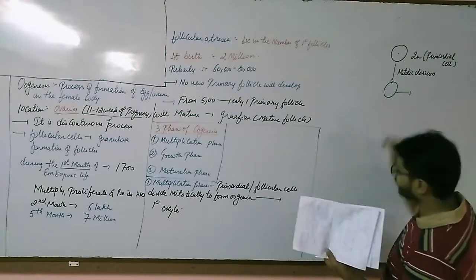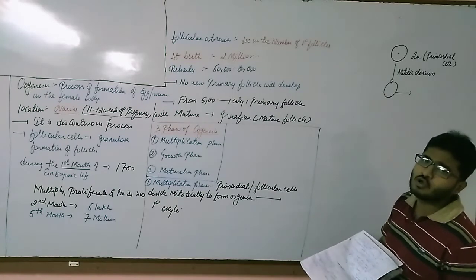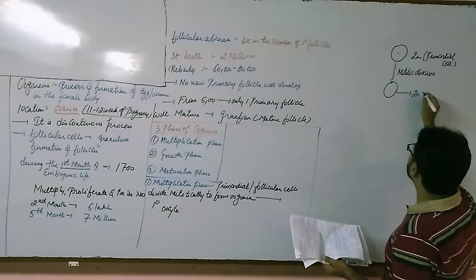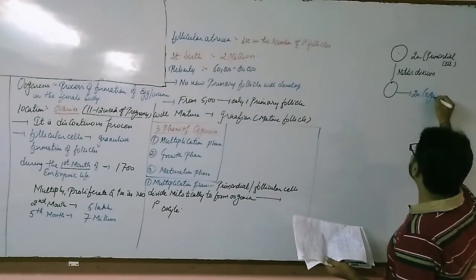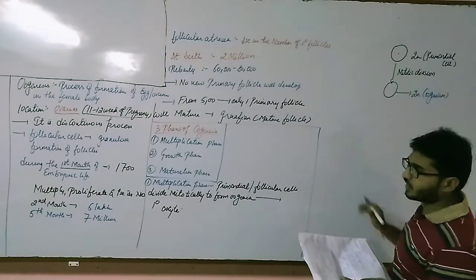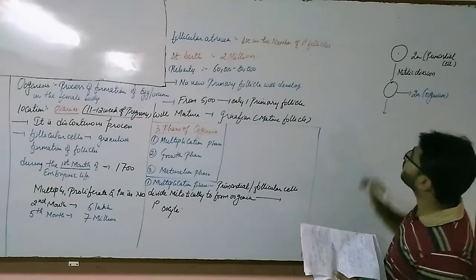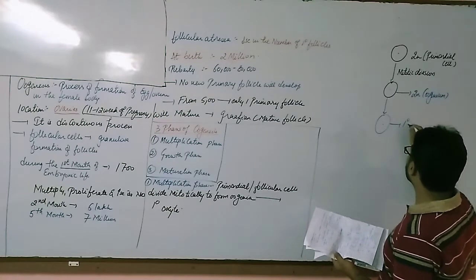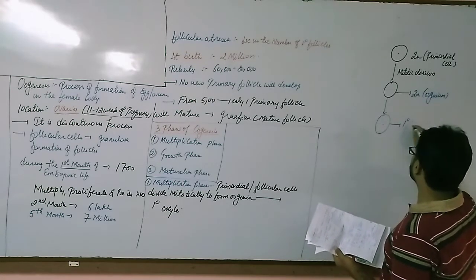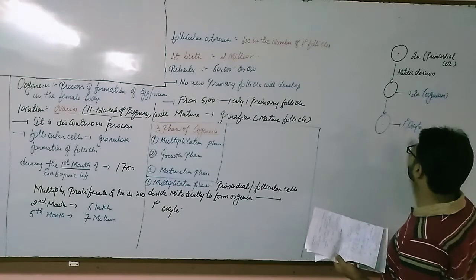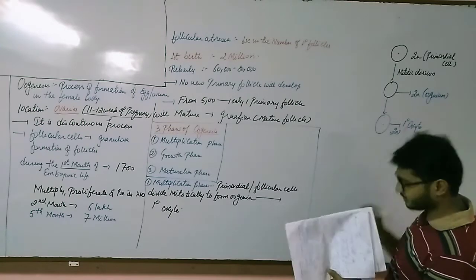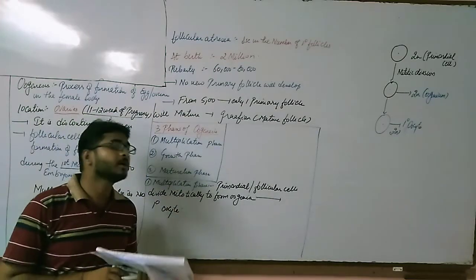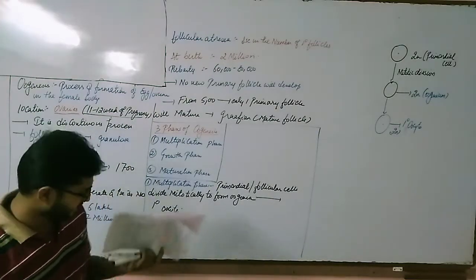Oogonia, again a diploid cell, is called oogonium. Oogonium again undergoes mitotic division to form something that is called primary oocyte. If you remember, in spermatogenesis, primary spermatocyte was formed. In oogenesis, primary oocyte will develop.